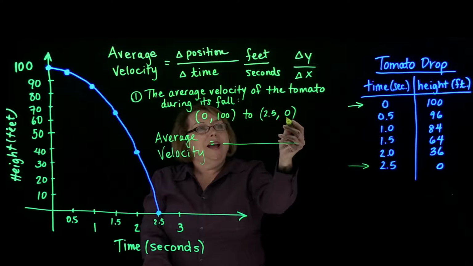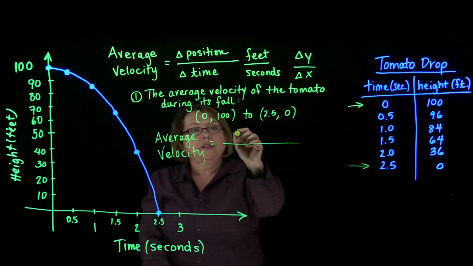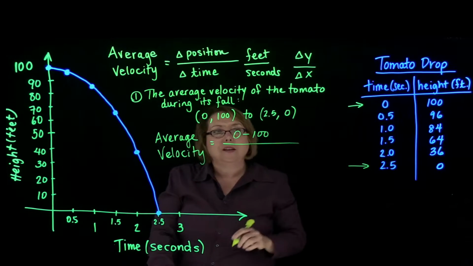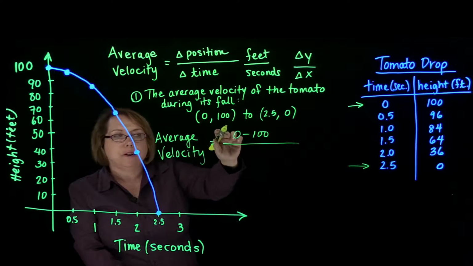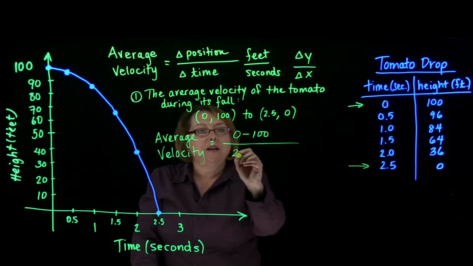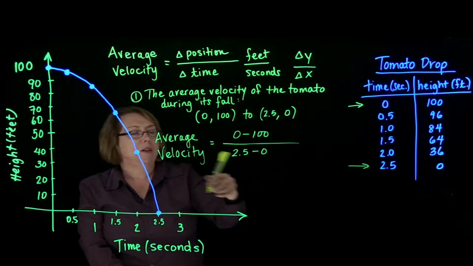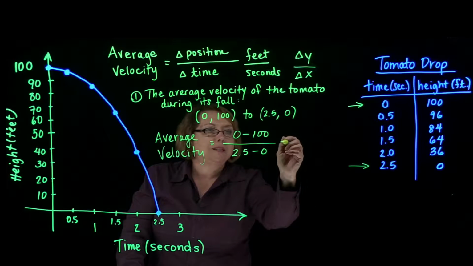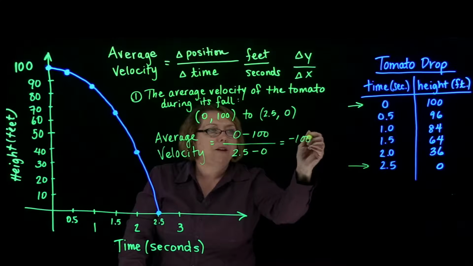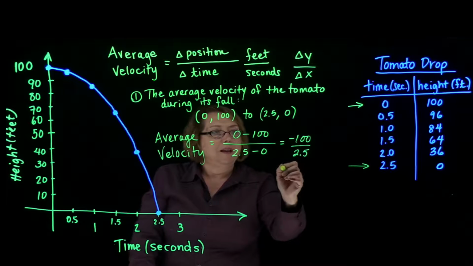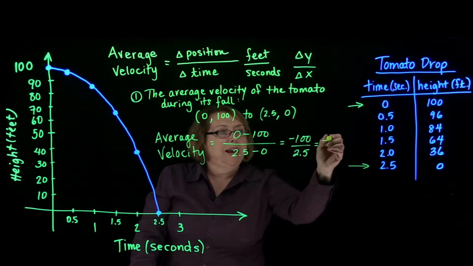So let me start at the second ordered pair, and I could start at the first one. It doesn't matter where we start here. So 0 minus 100, and then divided by 2.5 minus 0. So when I compute this, I'll have negative 100 divided by 2.5, which will be negative 40.